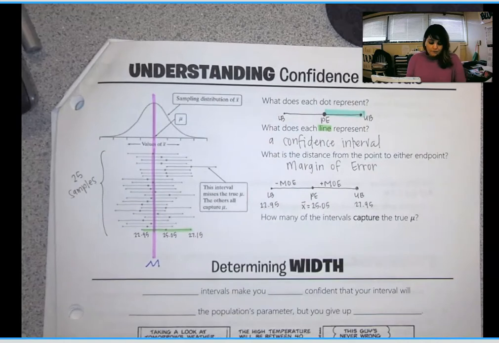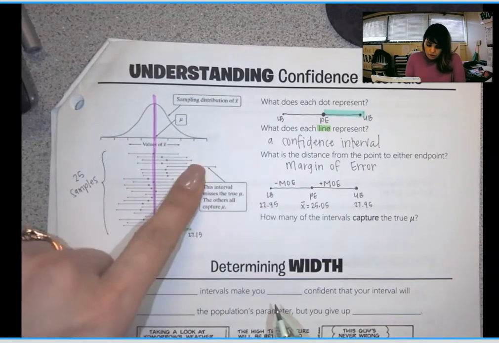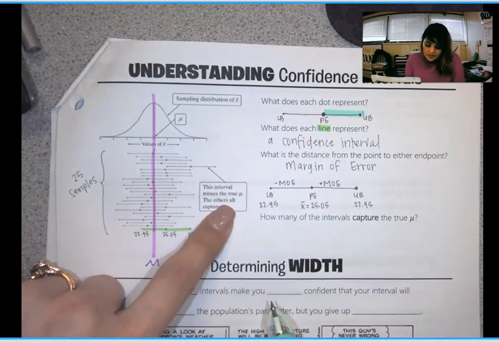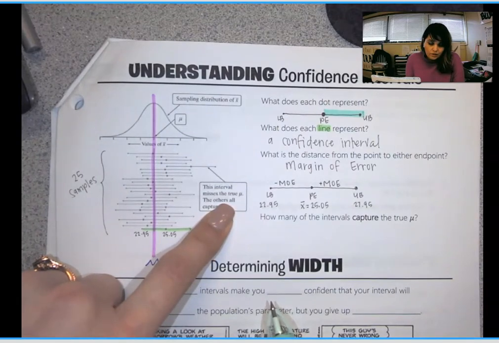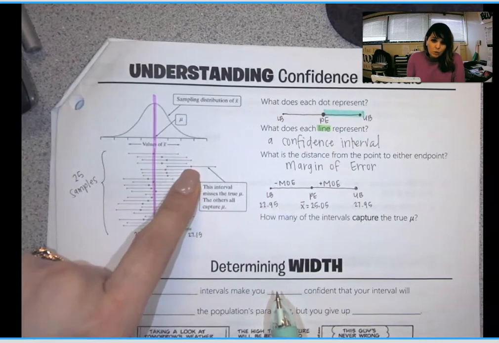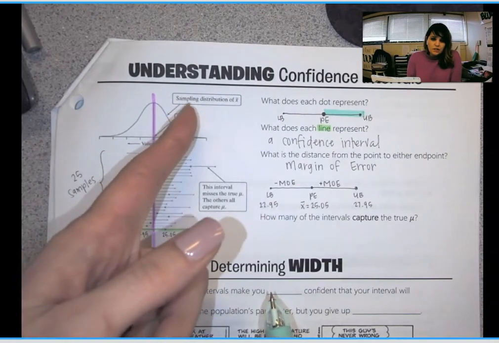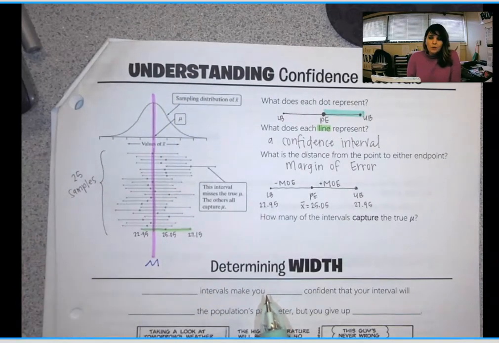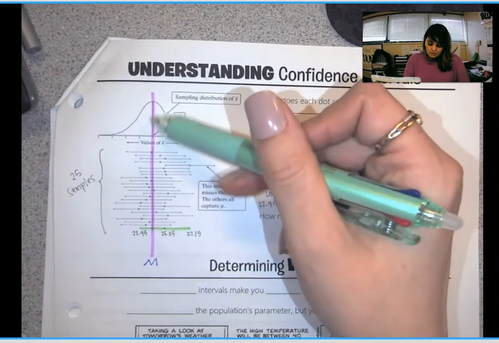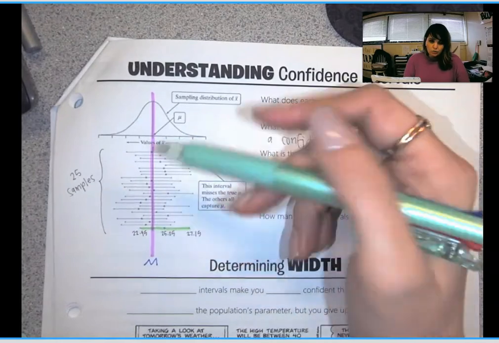Well, 24 of them do. Notice you have a note here that says this interval misses mu. This is the only one that does not capture mu. In all of the other confidence intervals, this purple line is running through it somewhere, which means the confidence interval captured the true mu.